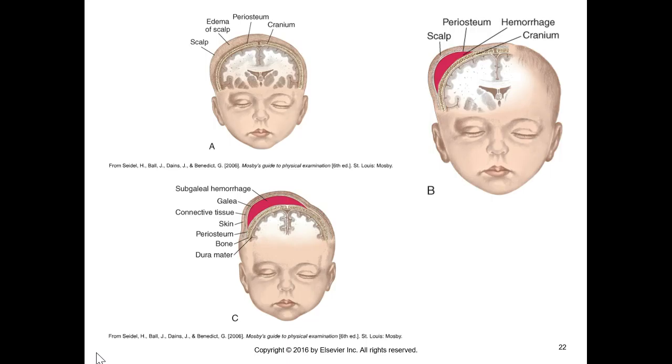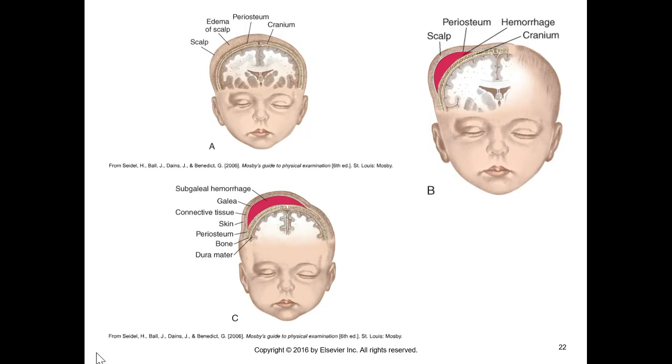Next is cephalohematoma, and this is a collection of blood between the skull bone and the periosteum. It does not cross the suture line. It's firmer and more well-defined, and it usually resolves in 2 to 8 weeks. These babies usually end up with hyperbilirubinemia because of the breakdown of this very large, essentially bruise, the collection of red blood cells, and breaking those down.